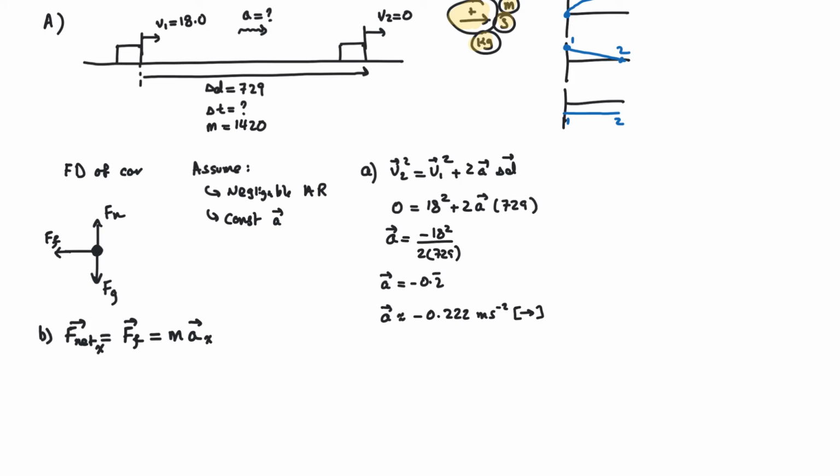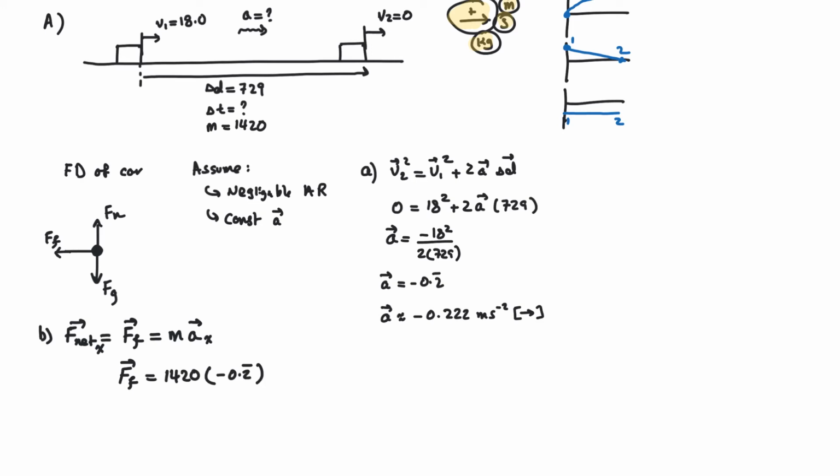Okay, now that I have this, I'm trying to find force of friction. So force of friction is going to equal, once I write it like this, I no longer need this term. I only care about these two. And my mass in the question is 1420, and my acceleration I've already found. It's negative 0.2 repeated.